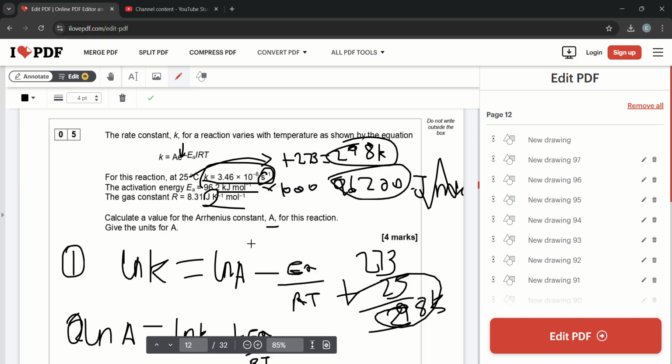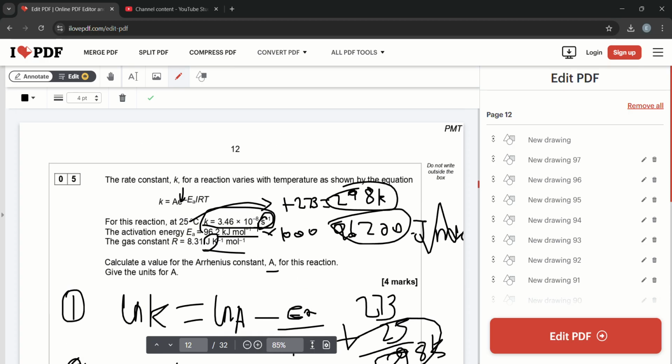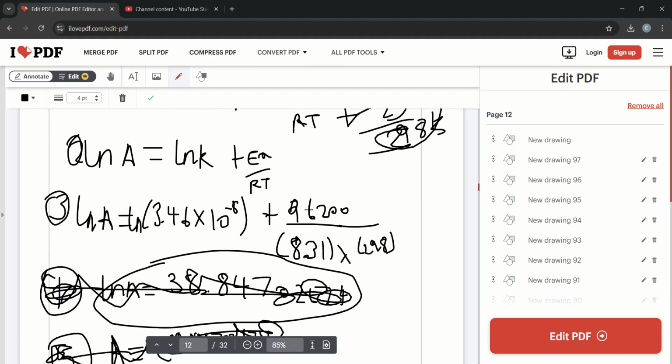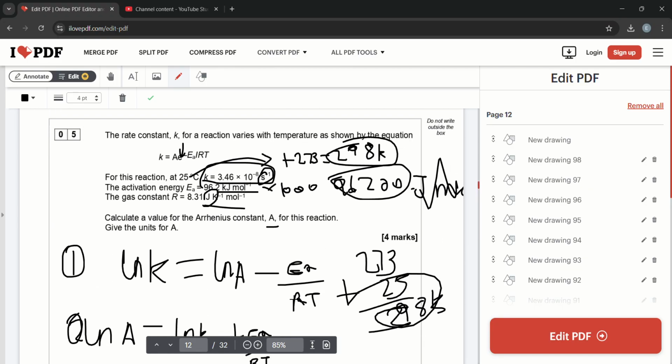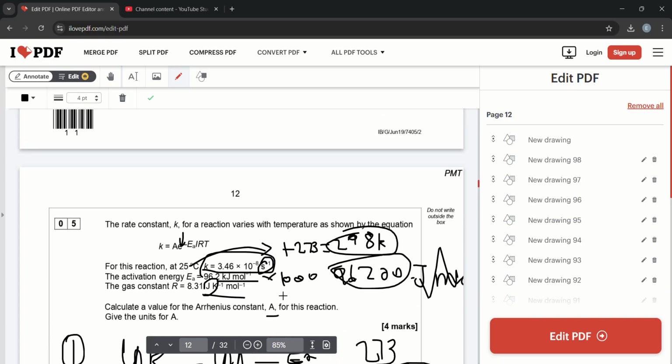So for a second order reaction, k would have a different unit, and A would have the same units as k. Since this is a first order reaction, the units of A are s to the power minus 1, and the units for the rate constant k in the Arrhenius equation for a first order reaction are always s to the power minus 1. And that's it, question 5.